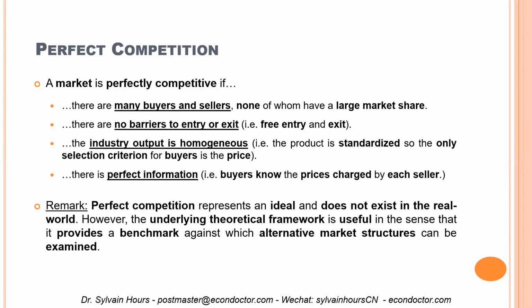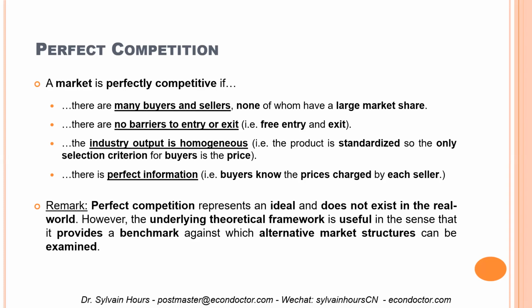And you can ask them whether they do these types of things, theoretical benchmarks that are not realistic but useful, in other subjects. They might tell you that in science, they do use this type of theoretical benchmark. For example, in science, there is the notion of an ideal gas, which is exactly the same thing.